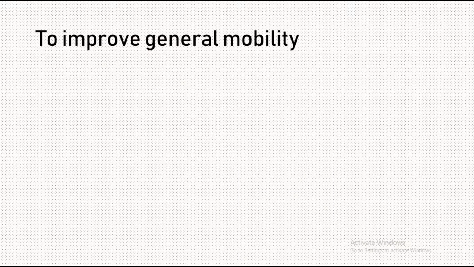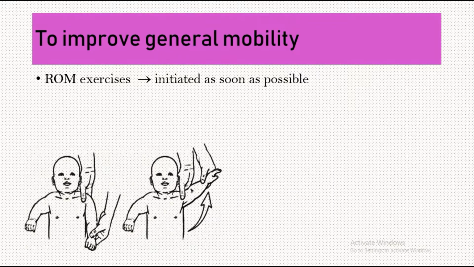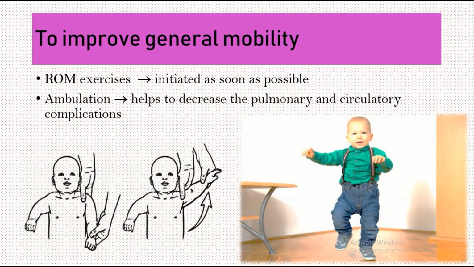The third is to improve the general mobility. Range of motion exercises are initiated as soon as possible because they may be beneficial for the child. Then ambulation is started as soon as possible because it helps to decrease the pulmonary and circulatory complications.